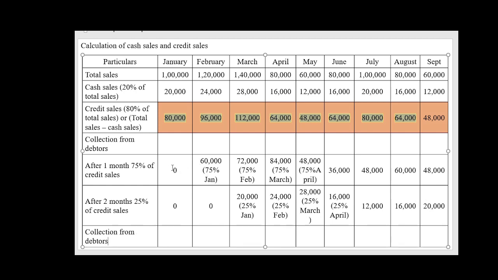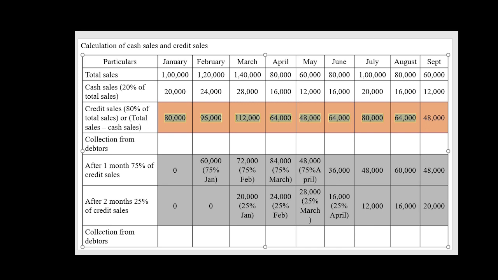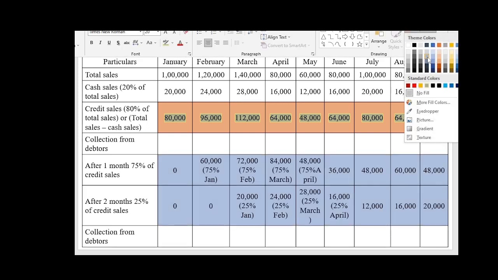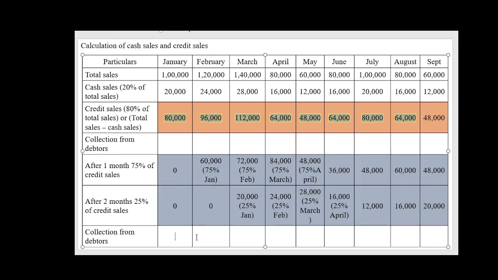So we need to add these columns and find out how much will be the money. We do not know this, so leave it as it is. So this is 60,000. So here 72 plus 20,000, that comes to, for March, 92,000.